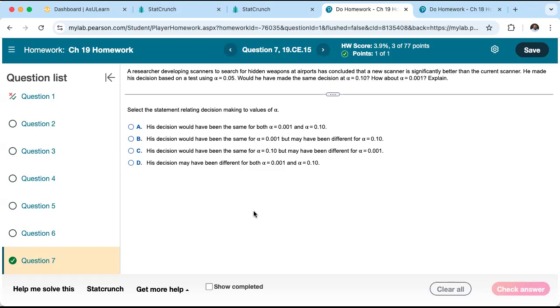Anybody wants to help us? Did the researcher reject the null hypothesis, or did he fail to reject the null hypothesis? And why? First and foremost, what was his conclusion?